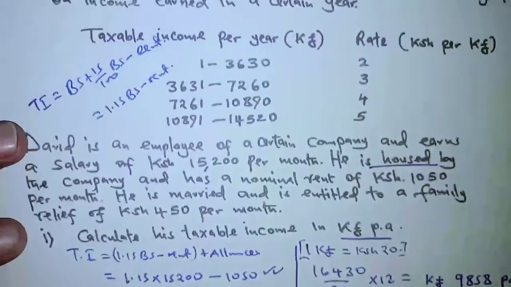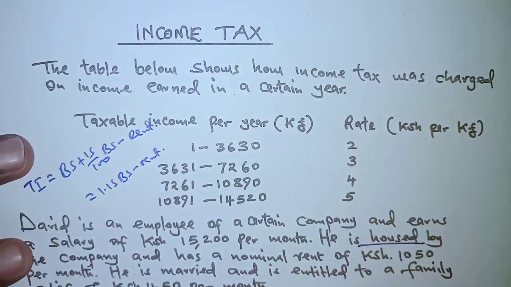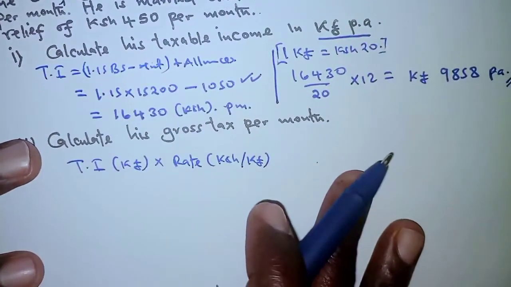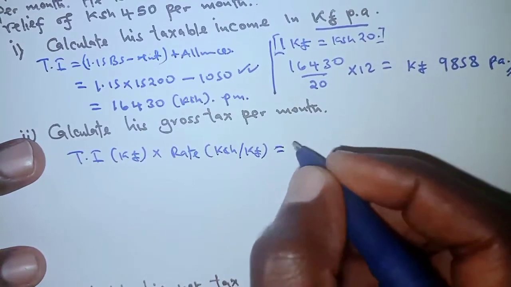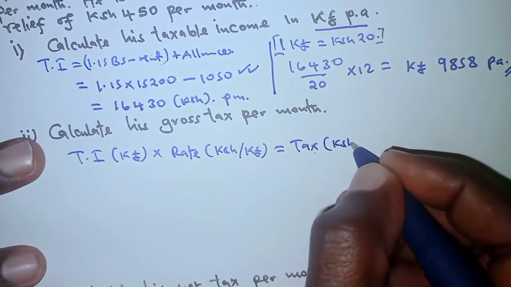That is according to what we have in the table, Kenyan shillings per pound. So when we multiply this should give us the tax, and the tax therefore is in Kenyan shilling.